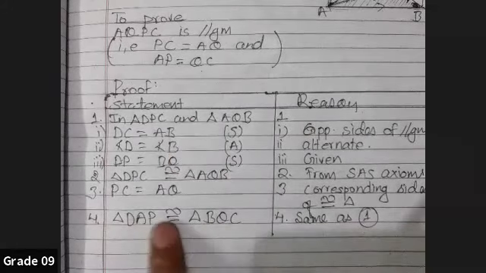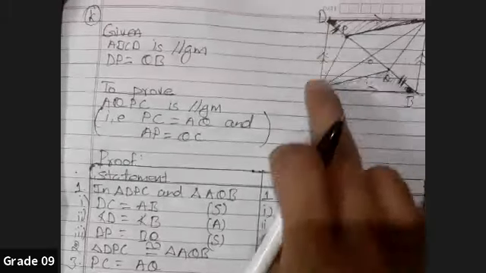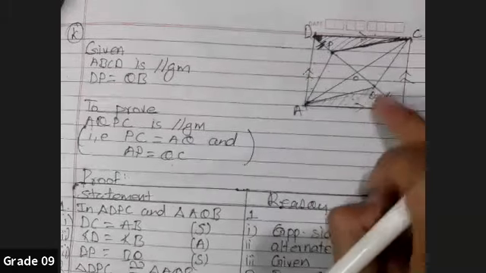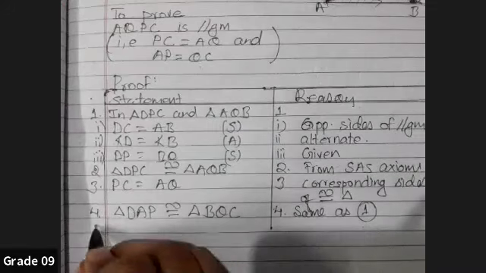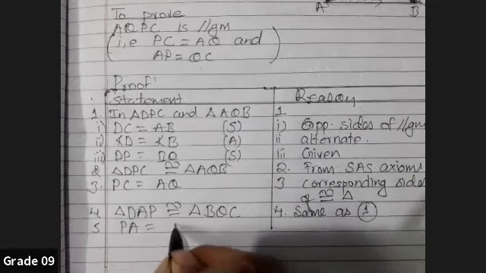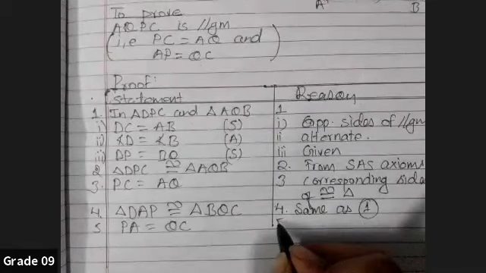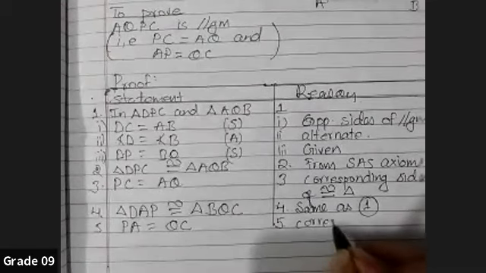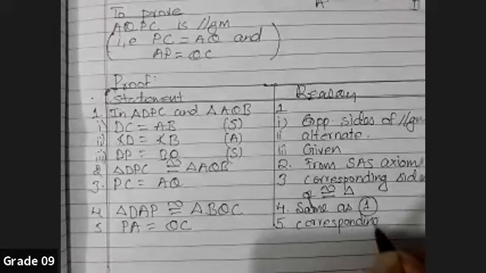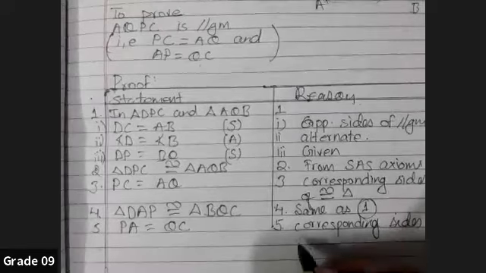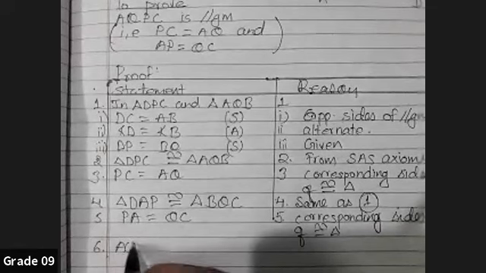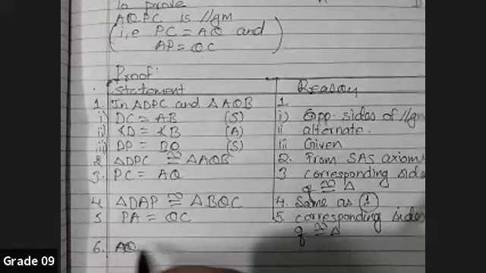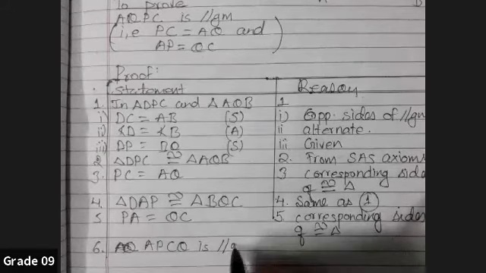It means if these two are congruent, then PA equals QC, number five, also corresponding sides of congruent triangles. And in statement number six, you can write APCQ is a parallelogram.